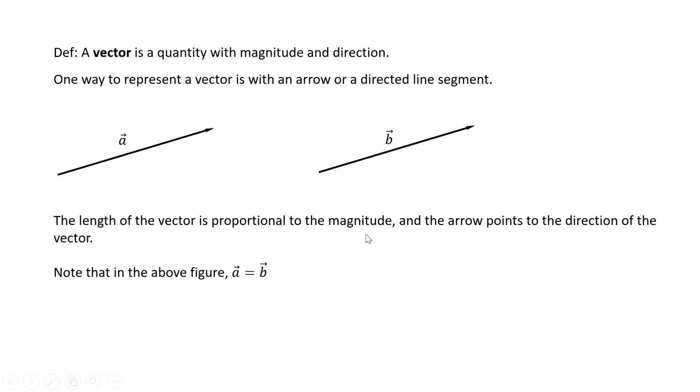Note that in the above figure, vector A equals vector B, since the two vectors have the same magnitude and direction. Oh, by the way, I need to mention, to represent a vector A, I usually write a lowercase a and put an arrow on top of it. I like that way. It's less confusing. The reason I'm mentioning that is because in the textbook they use boldface letters. Apparently, the moment you see a boldface, you should understand they're talking about a vector.